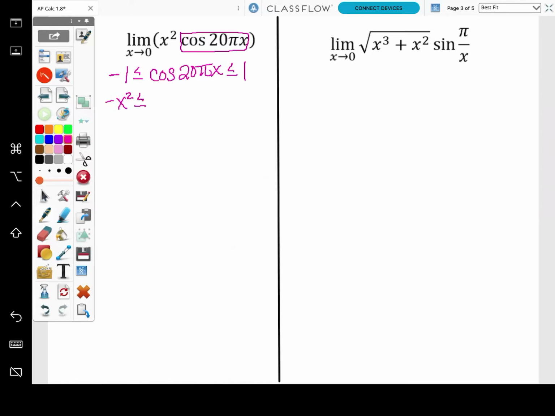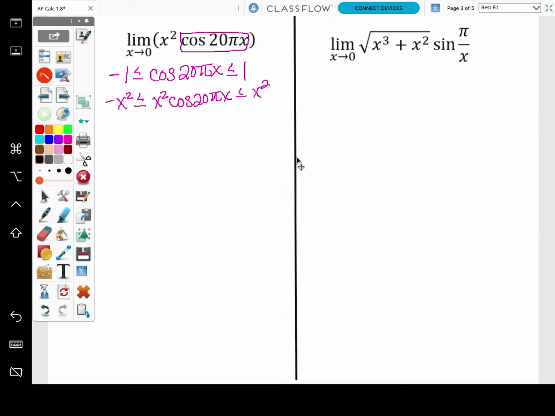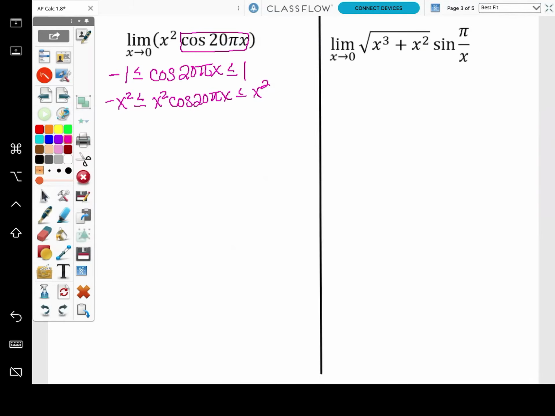So negative x squared less than or equal to, I forgot the x squared, and then we get the limit in here, and I'm kind of running out of room. Limit x approaches 0, negative x squared less than or equal to limit x approaches 0.